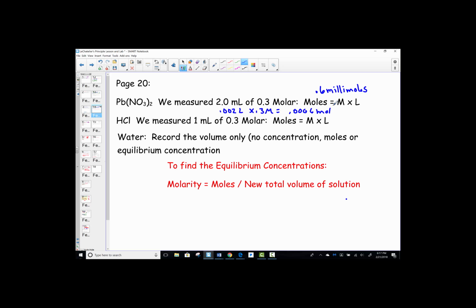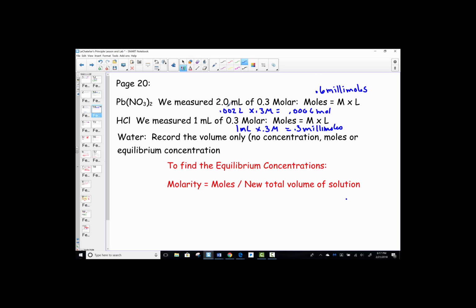So all I'm doing is using milliliters reported as millimoles. The other thing we did then was to measure 1 mL of a 0.3 molar HCl. So 1 mL times 0.3 molar gives me 0.3 millimoles. That's what I would place into that column.